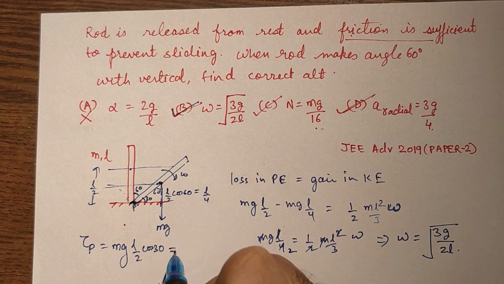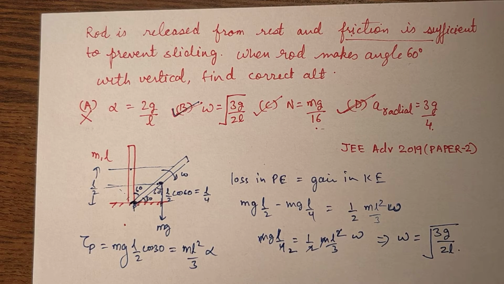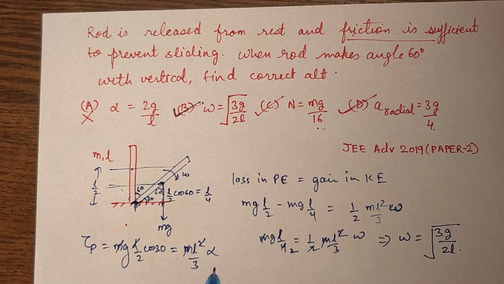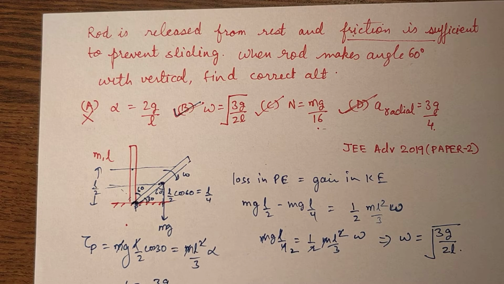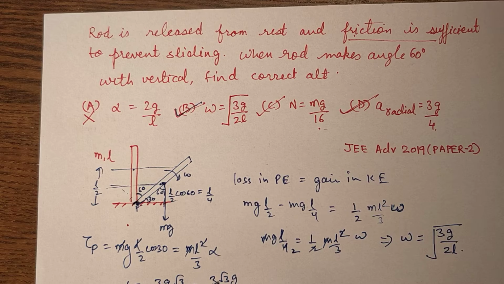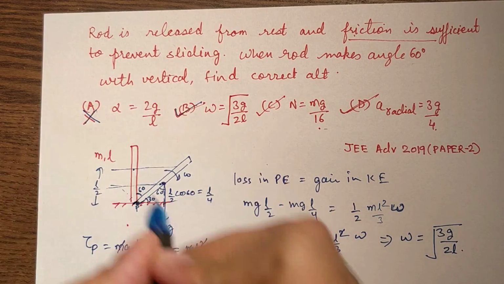This torque will be equal to I alpha, where I about point P is ml square by 3. Simplifying, m and L cancel, and alpha is 3g by 2L times cos 30, which is root 3 by 2. So this is 3 root 3 g by 4L. As you can see, alpha is given as 2g by L, so this option will be wrong.